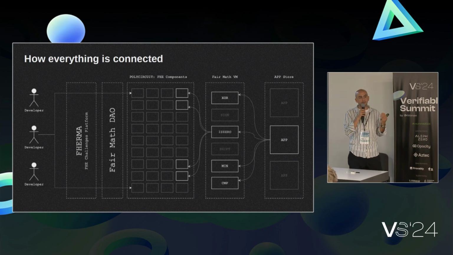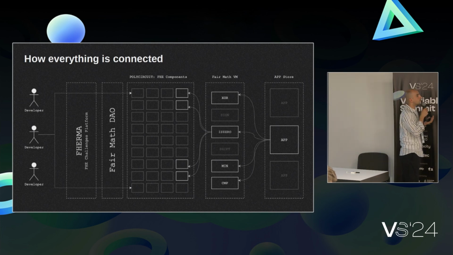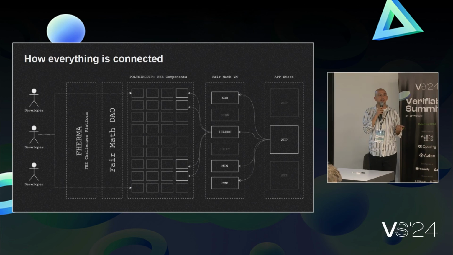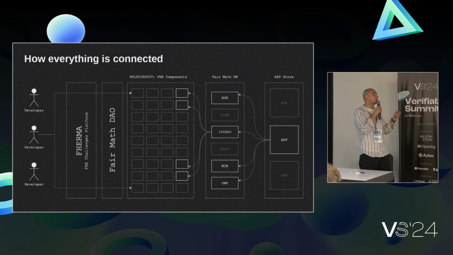As a developer, you can come to our ecosystem through the Firma platform and challenge any component you see, and if your component is better than the components we have in our polycircuit library, your component will be integrated into the library and used for applications on our app store. From the time your component is integrated and used, you will have royalty.